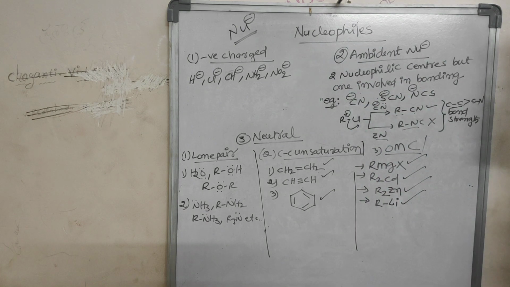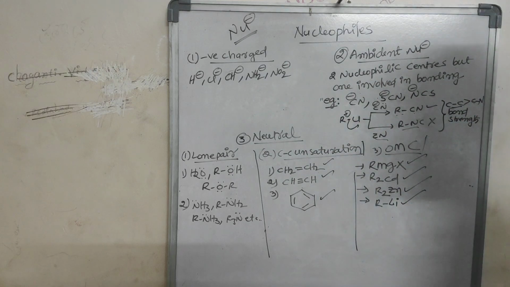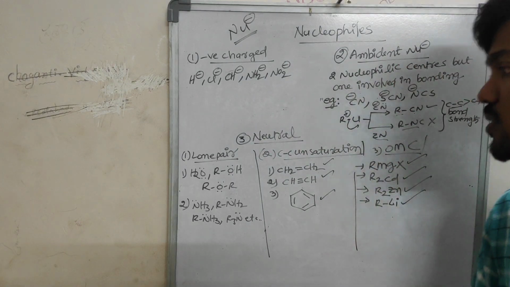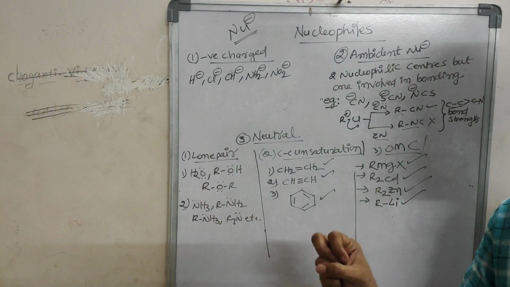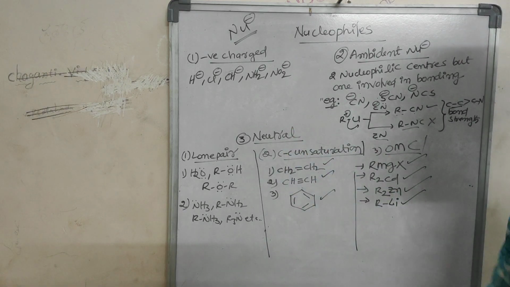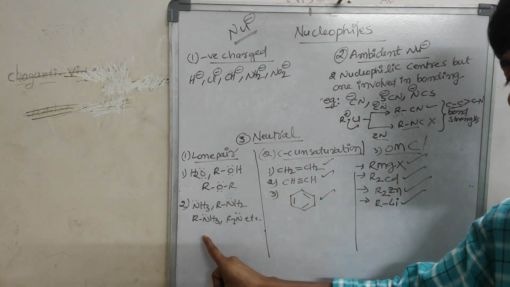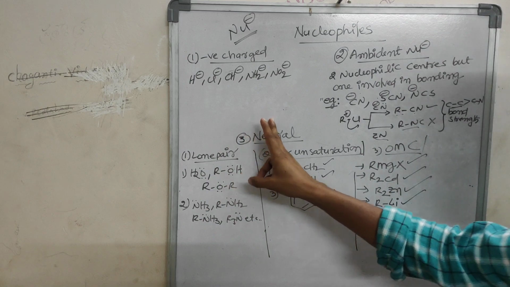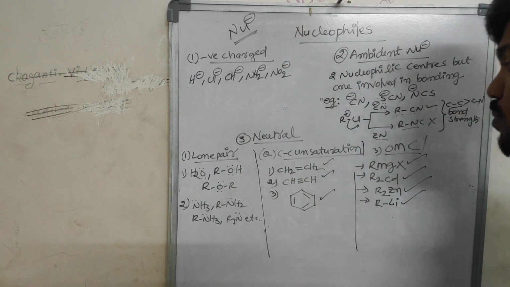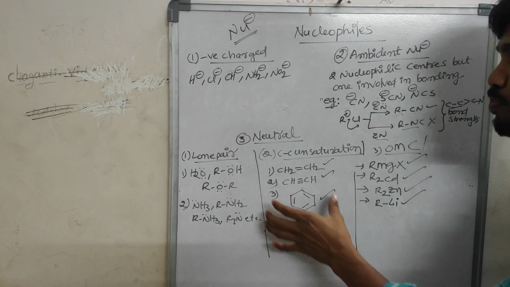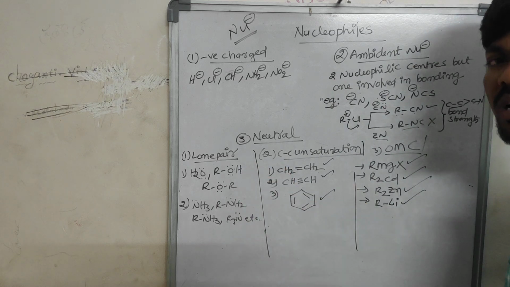You have to remember. Nucleophiles are negative charge species, ambident nucleophiles and neutral molecules. Among the neutral ones, three types are there. If lone pair atoms are there, those come under nucleophiles. Next, unsaturation: double bond, triple bond.